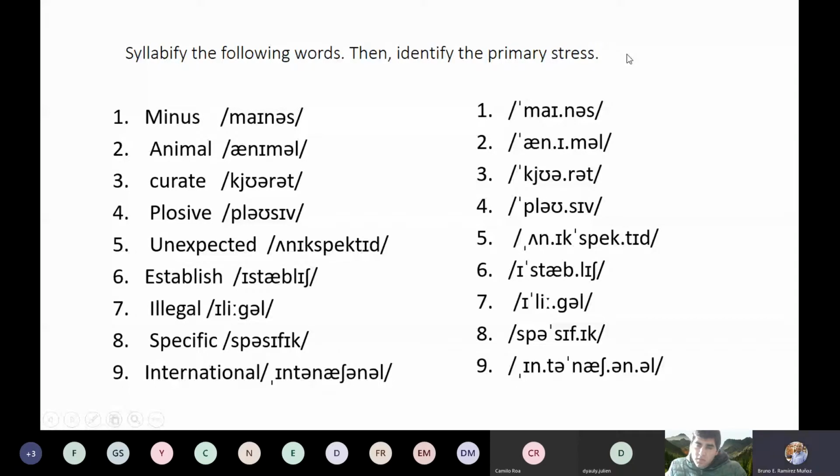If you remember the concepts of heavy, light, and open and closed. Do you remember? Are you familiar with these concepts? Closed or open syllable, and a heavy or light syllable. Does it ring a bell?